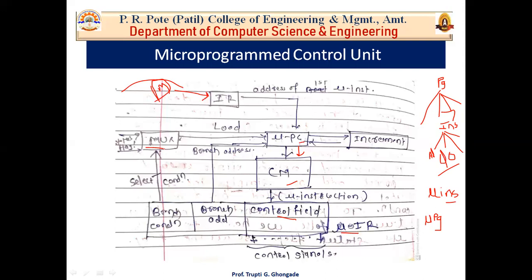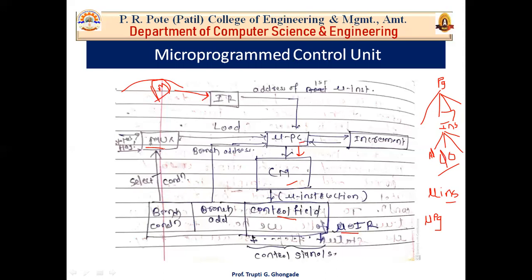We have discussed this in the previous lecture. The multiplexer has inputs, and either it will select one or another. So this select control signal is used by the multiplexer. Depending upon which condition you have written, if you wrote a conditional jump on carry, out of all of them the multiplexer will select the carry flag.